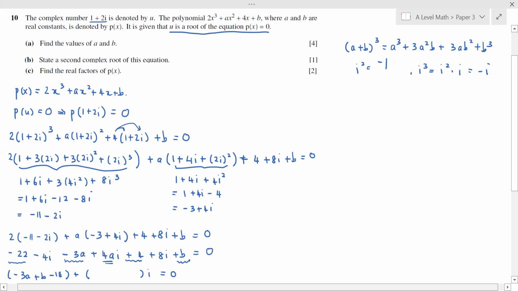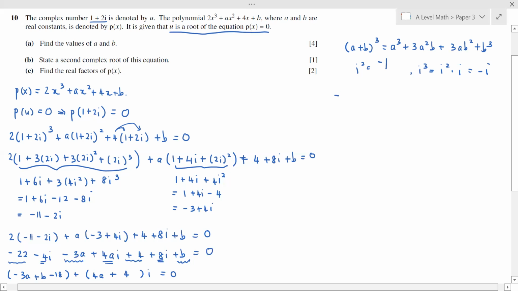And then we have 8i minus 4i. So we have 4a plus 4 for the imaginary part. And since the right side is 0, it means that the real part must be 0 and the imaginary part must be 0 as well.